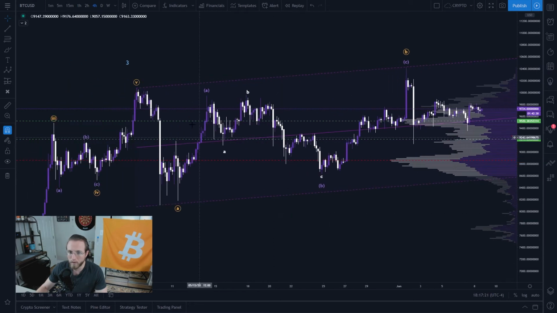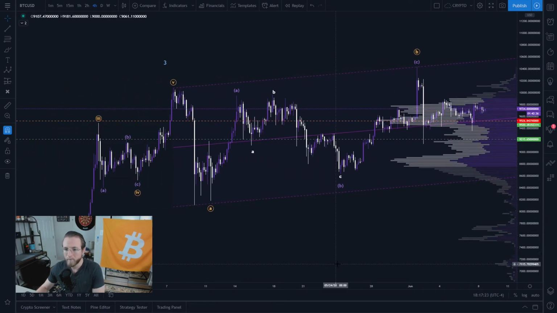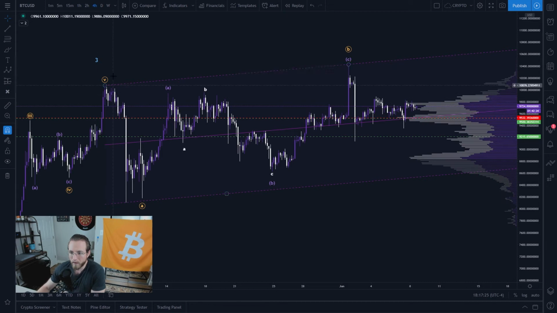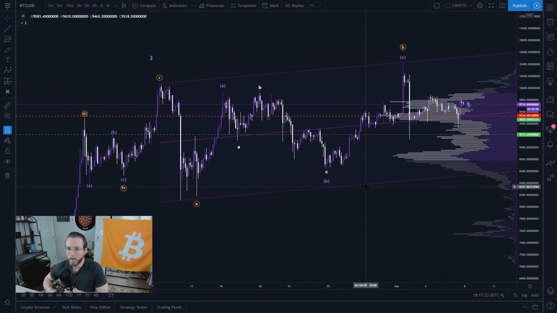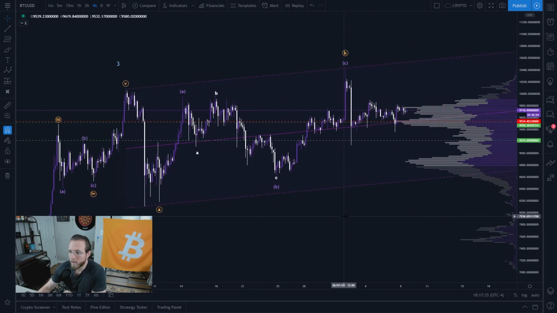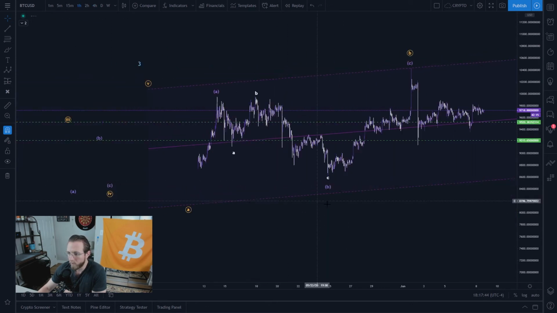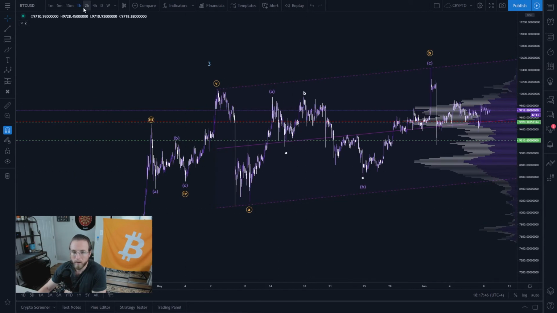So let's go over and take a look at the labeling that I have. Basically, I've got this whole thing for our wave 5 as a giant A, B, and then C coming down over here, which is what I showed you earlier. And on the smaller scale, I have this as an ABC down into a B, and then this definitely subdivides. I think I have the count here on a 1-hour time frame. Do I not?